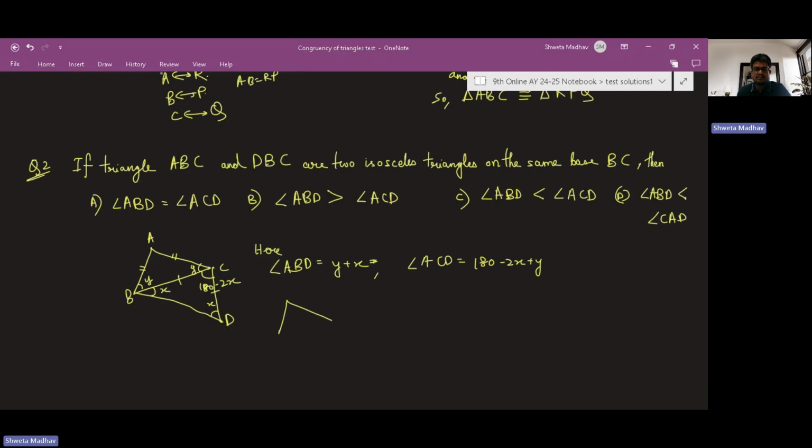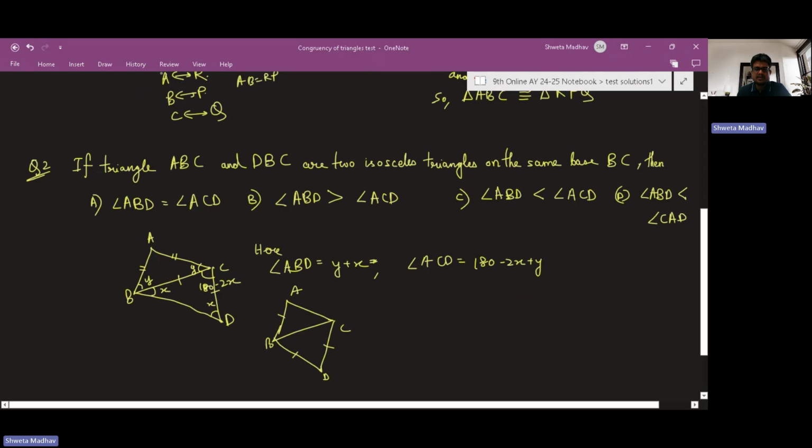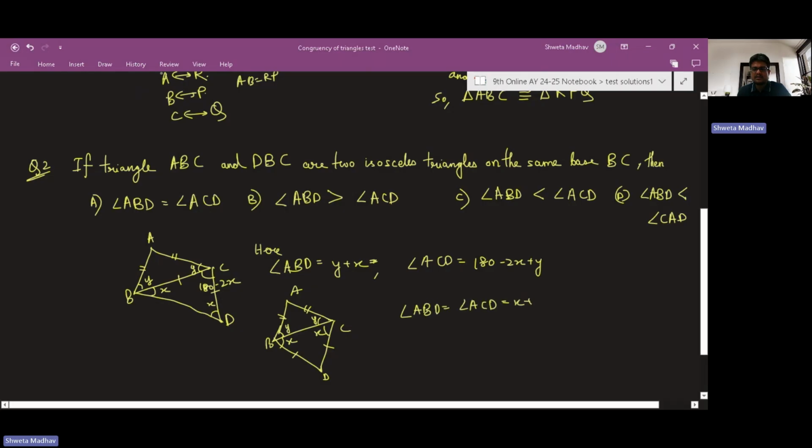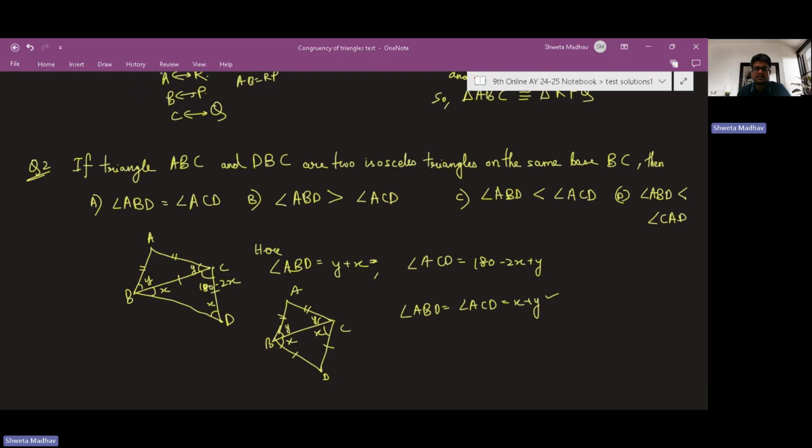But if it happens that ABC and DBC are such that DB and DC are equal and AB and AC are equal, then only we can say that if this is Y, this is also Y, and this is X, this is also X. In that case, angle ABD will be equal to angle ACD, which is equal to X plus Y. But this can be the case, suppose we call this case 2.